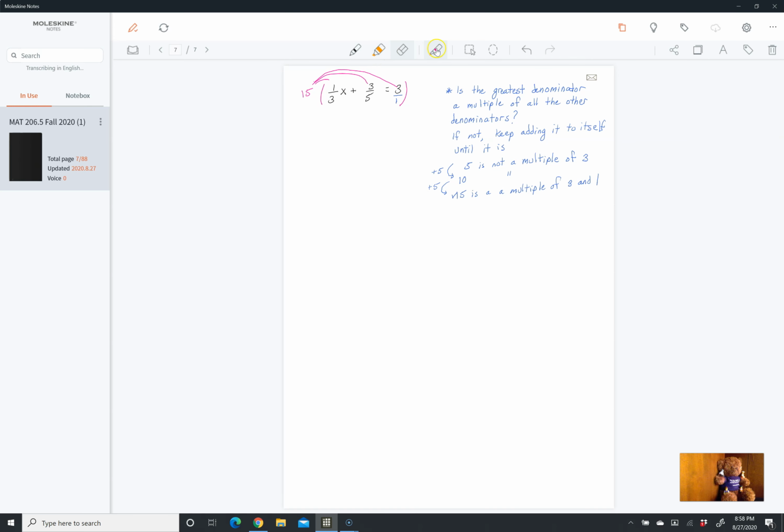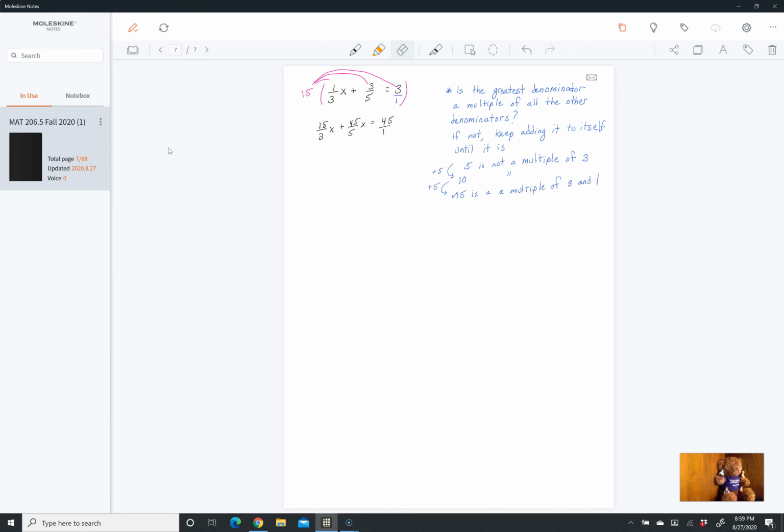So again, there are two ways that you could do this. You can start by just reducing the fractions right away. 3 goes into 15 5 times, so you get 5x. Or you just write it as 15 over 3x plus 15 times 3 is 45, so 45 over 5 is equal to 45 over 1.